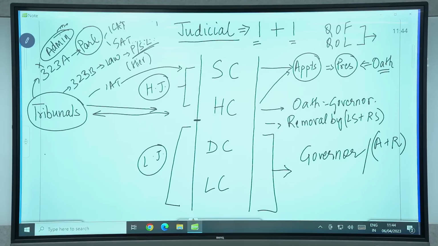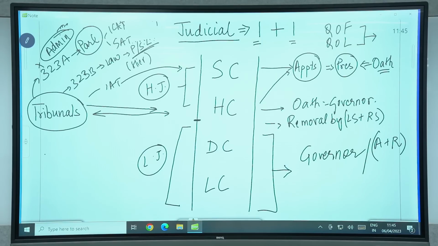There will be one central administrative tribunal. Very clear. But this is done through a parliamentary law. 323B, a tribunal for any other reason, can be made by the parliament, can be made by state legislatures, no problem at all. And you can have appellate tribunals with it. No questions asked.